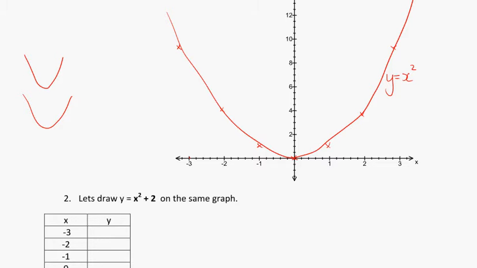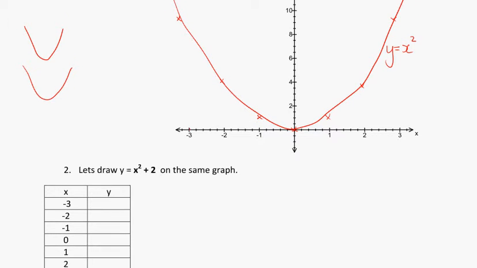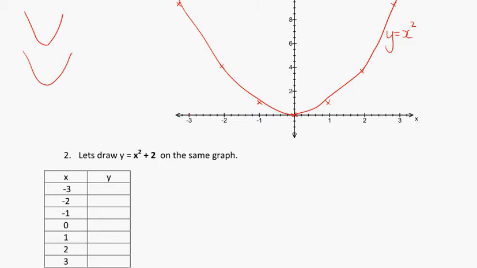Okay, let's now draw y equals x squared plus 2 on the same graph. So we'll do the table first and then we'll move it back up and plot it. Now, when x is negative 3, what is negative 3 squared plus 2? Negative 3 squared is 9 and plus 2 is 11. When x is negative 2, negative 2 squared is 4, plus 2 is 6.